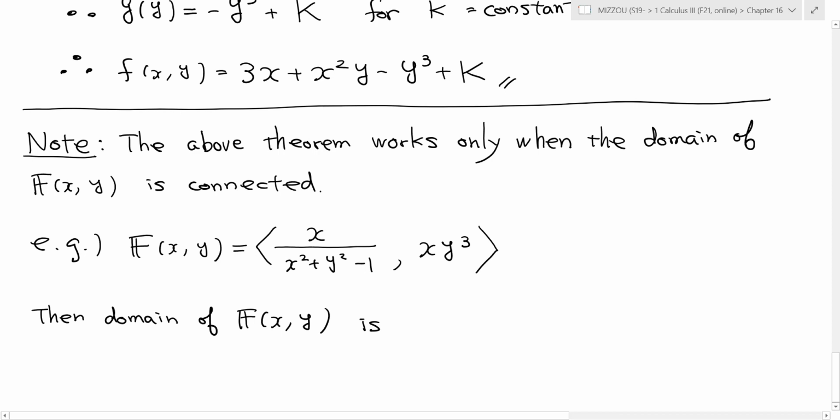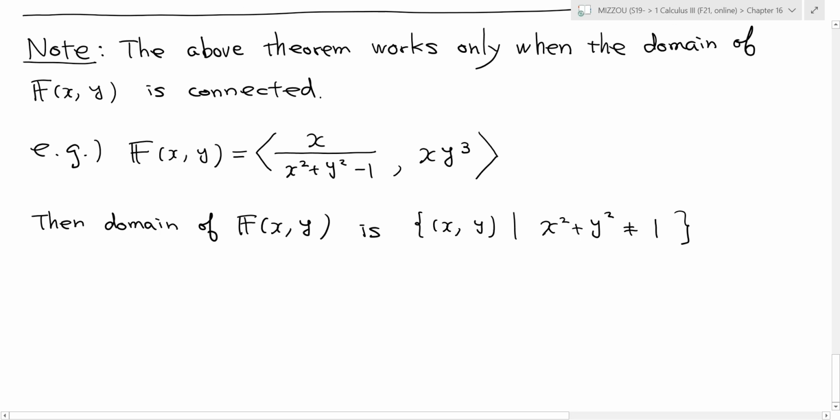That means the domain is the set of all x, y on the xy plane such that x squared plus y squared minus 1 is not 0. Okay, this cannot be 0. So another way of saying this is x squared plus y squared is not 1.